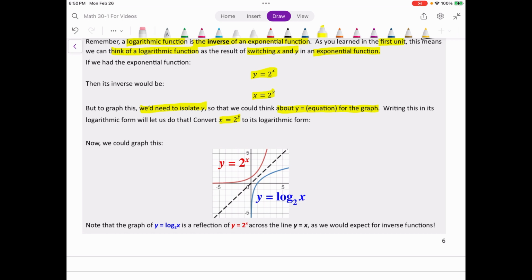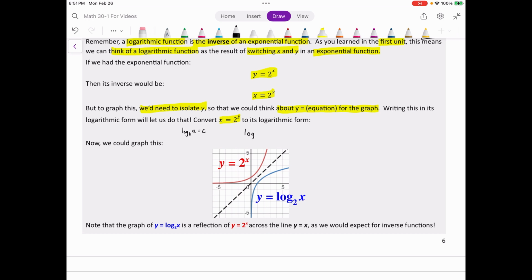Whenever we have log base b of a equals, I'm just going to say c, this to the power of this equals this. We're trying to say 2 to the y equals x.